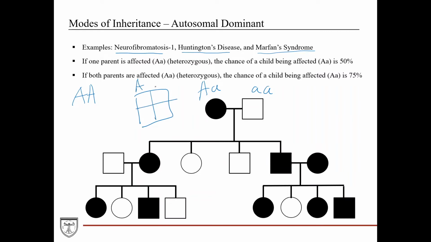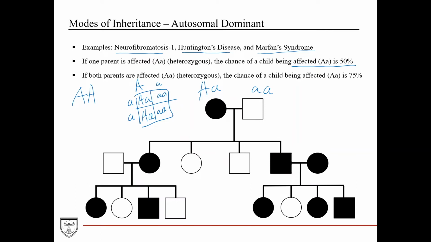And Punnett squares are important because they really illustrate where these percentages come from versus having to memorize them. You can actually see the breakdown yourself. So if you look at the Punnett square here, 50% of the children are going to be heterozygous, meaning they're going to be affected by the disease, as we say here. And then 50% are going to be homozygous recessive, meaning they will not be affected by the disease.